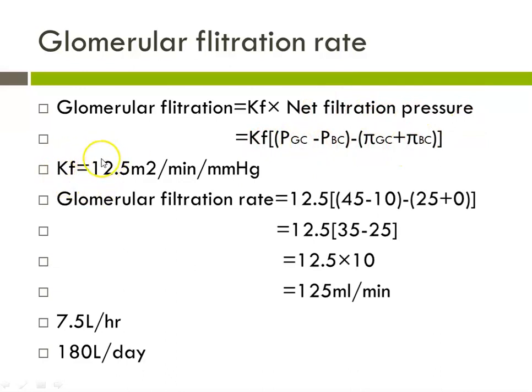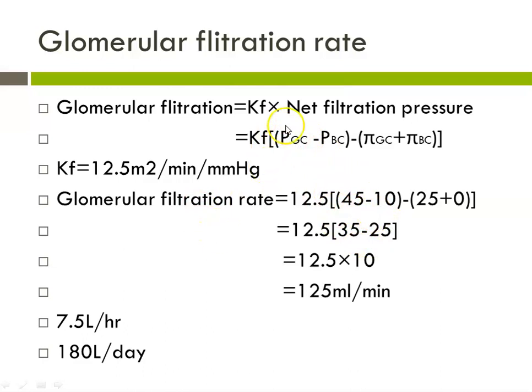The filtration coefficient depends on the surface area, size, shape and charge of the substance of the filtration membrane. This filtration coefficient is already determined as 12.5 milliliter per minute per mmHg. So now the glomerular filtration rate is equal to 12.5 into, and substitute this value.